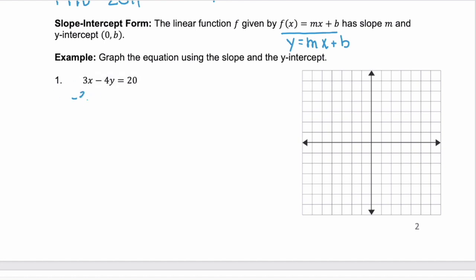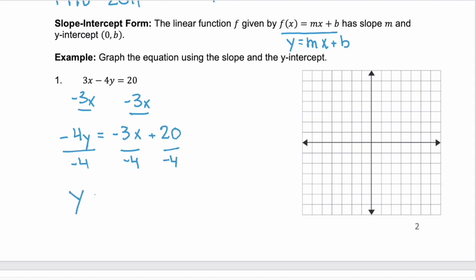If we subtract 3x from both sides, we have negative 4y equals negative 3x plus 20. Divide by negative 4, and we end up in that slope-intercept format. We get y equals 3/4 x minus 5.